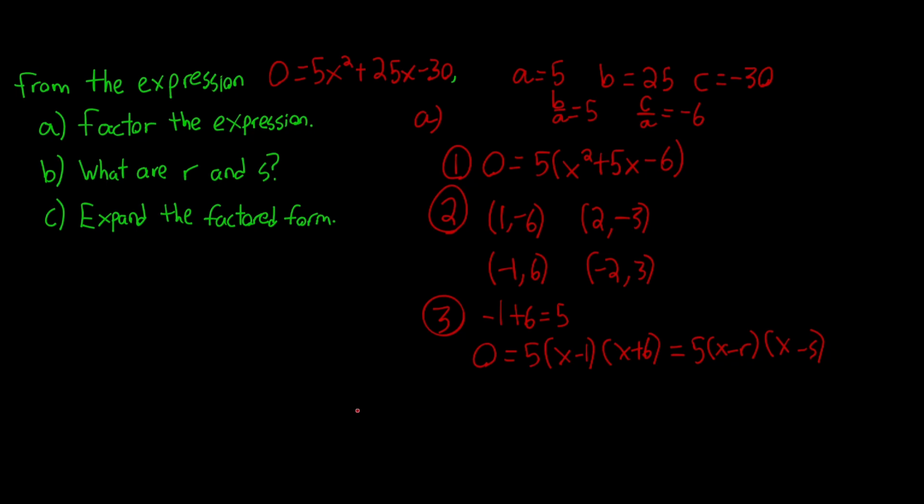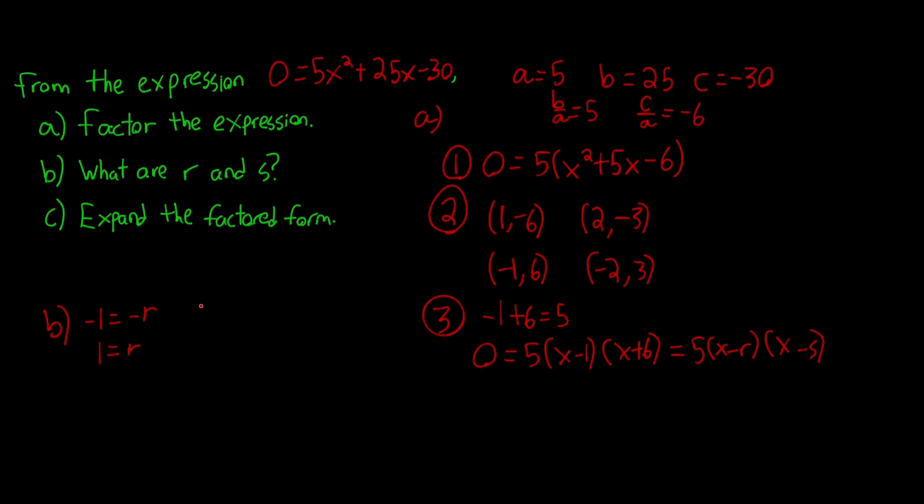So for part B, what are r and s? Well, in this case, you can see that negative 1 is equal to negative r in the equation, just because that's where they happen to line up. So I just get that 1 is equal to r.